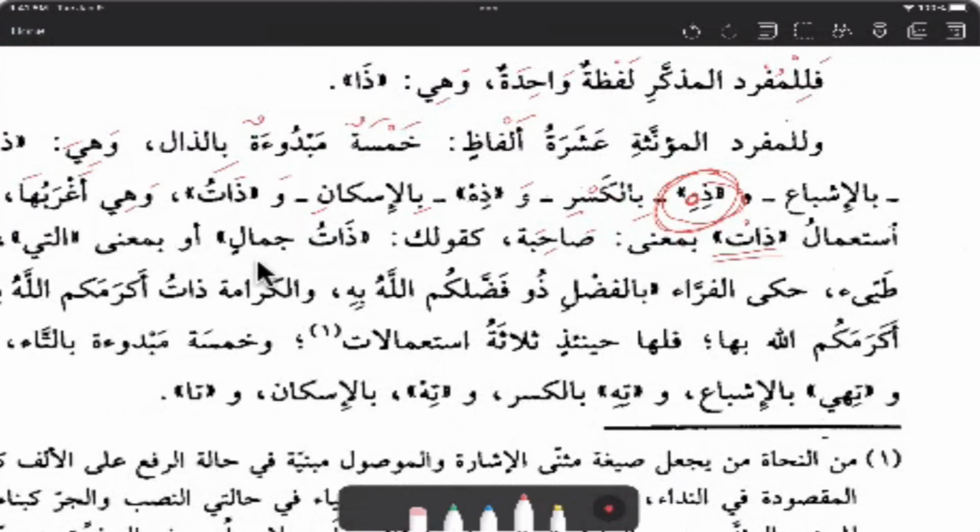You know, dhu in Arabic means sahib, the one who has something. But really, the translation is versatile. When I say the one who has, that's just kind of something I want to say here to keep it easy. Depends on what you're saying. If you say Sahibul Kitab, it means the author of the book. Sahibul Mal, the owner of the money.